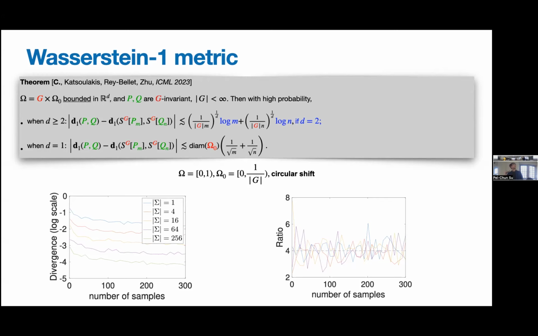On the right-hand side, we plot the ratio between consecutive pairs of these two curves. By the theorem, the diameter should also shrink by a factor of 4. On the right-hand side, you can see this verifies our theorem, where the ratio is concentrated around 4, because each time we increase the group size by a factor of 4. Okay. Any questions so far?